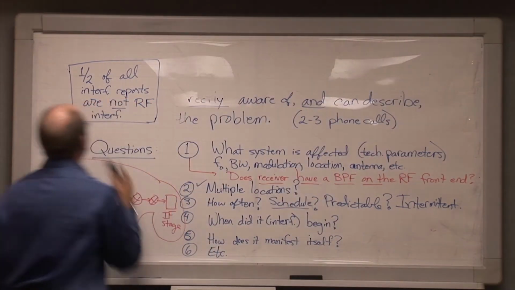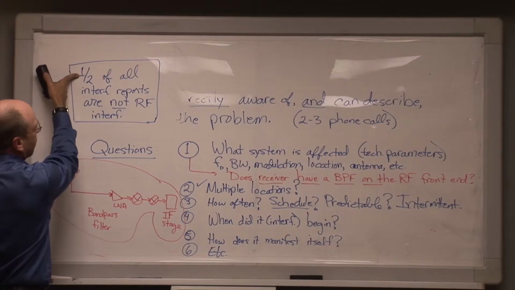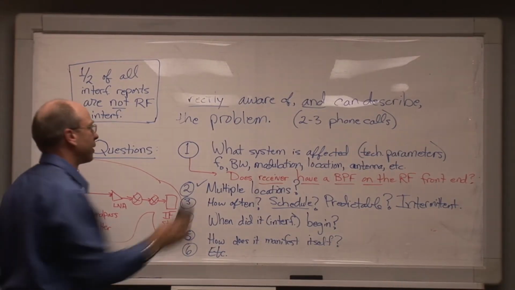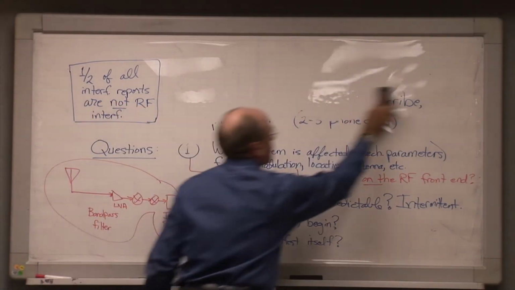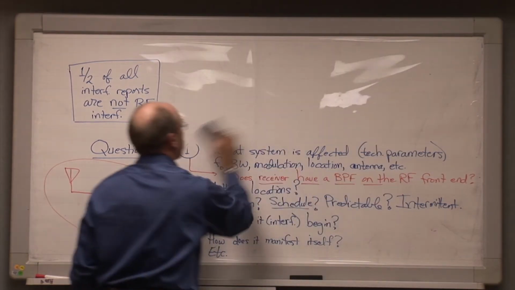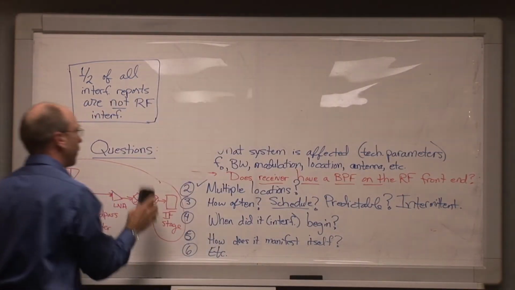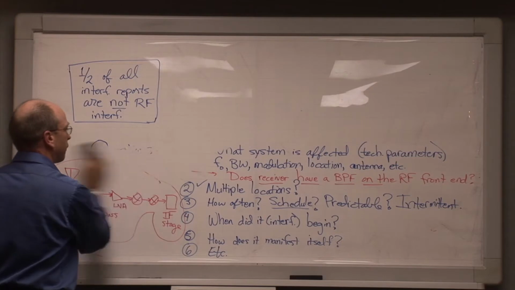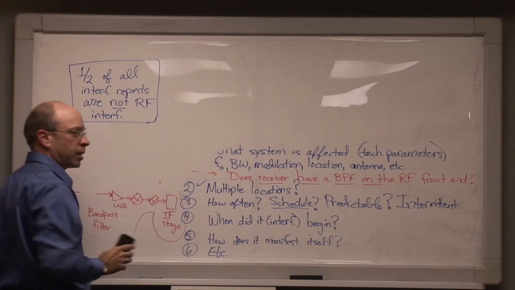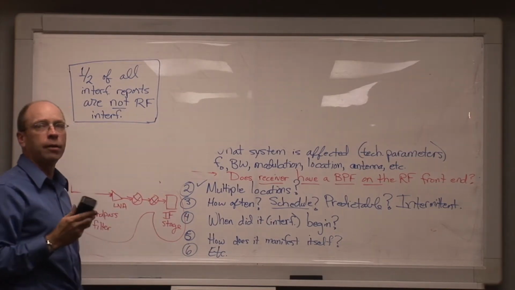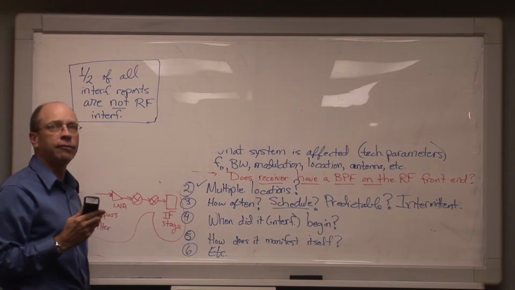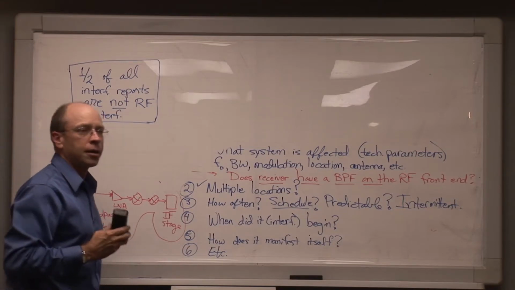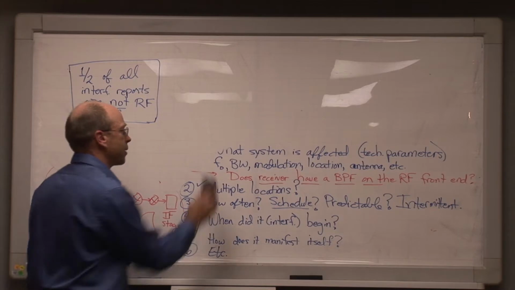And hopefully at this point we're not going to be looking at half of all interference reports that are not really RF interference. With that said, I can relate one case where we in fact did deploy up to the Pacific Northwest to look for interference that had been reported into a seismic network that was supposed to be part of basically a volcano early warning eruption system for the Cascade Range.